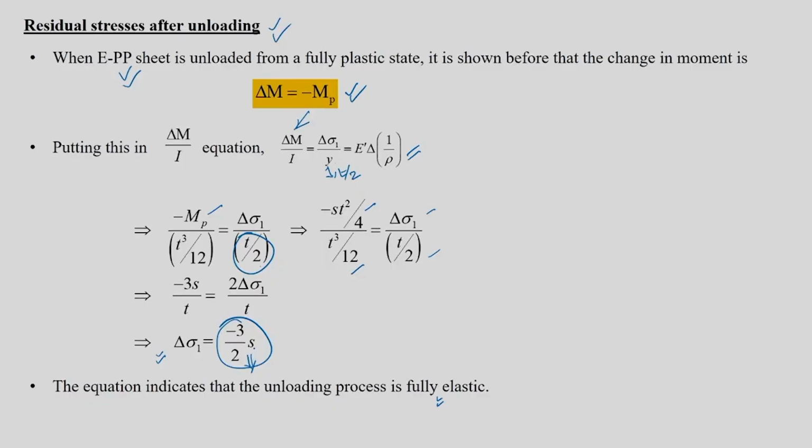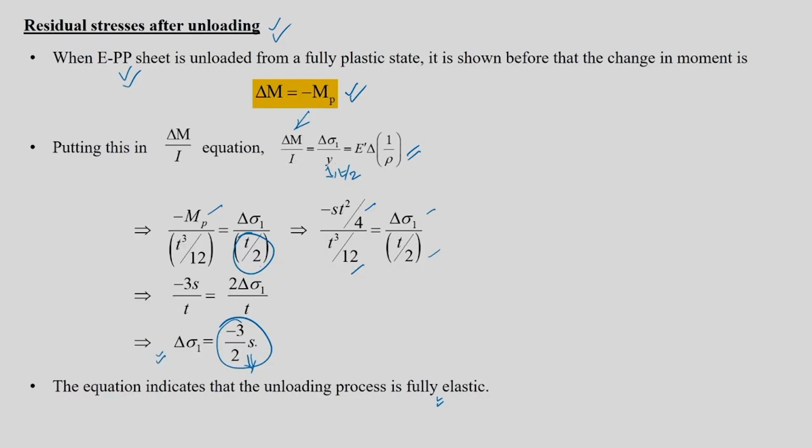So, what we have done is actually 3 parts. Considering EPP material and unloading from fully plastic moment, we derived a simple expression for del 1 by rho or del theta, which depends on S by E dash, rho by T and your bend angle theta. So, now if you want to calculate residual stress, then we are going to add minus 3 by 2 S, which is nothing but the elastic stress only.